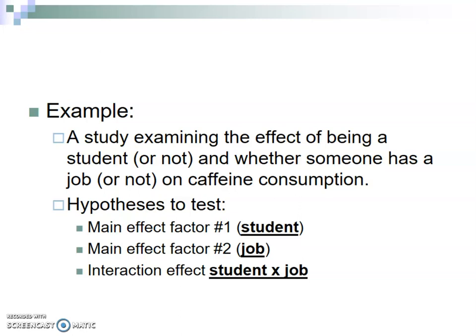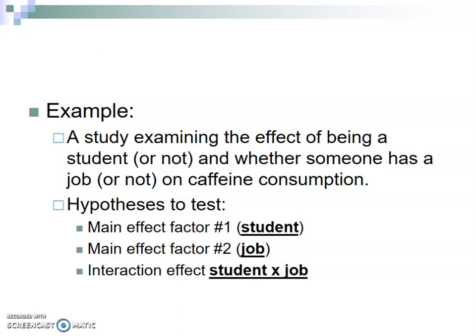So in looking at the different hypotheses that we have to test here, in a factorial ANOVA, remember that we have several different hypotheses that we will test. So the first set of hypotheses that we're going to test is to examine the main effect for that first factor. The first factor listed in this study was whether people were students or not.